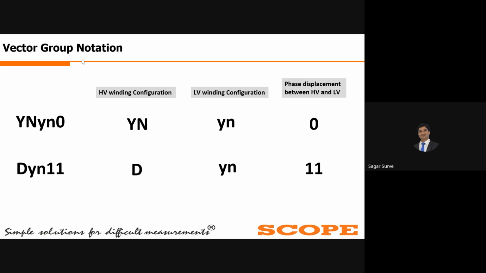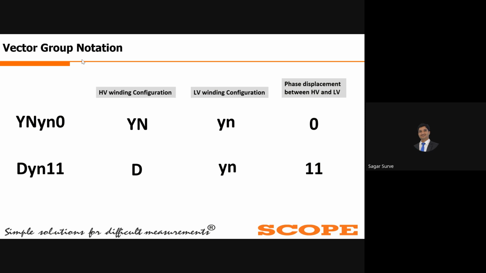The capital letters indicate that it's for the HV winding. So capital Y and capital N mean your HV winding is in star connection with neutral. Similarly, small y and small n mean the LV winding is also in star connection with neutral, and the 0 indicates the phase displacement between the HV and LV windings.